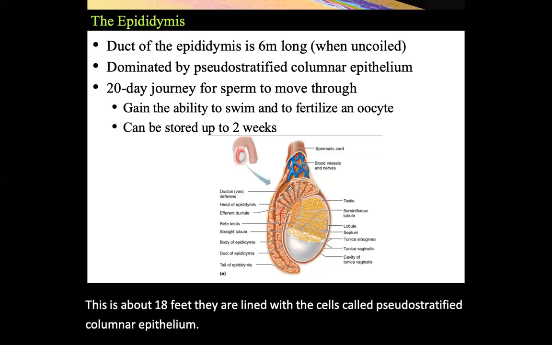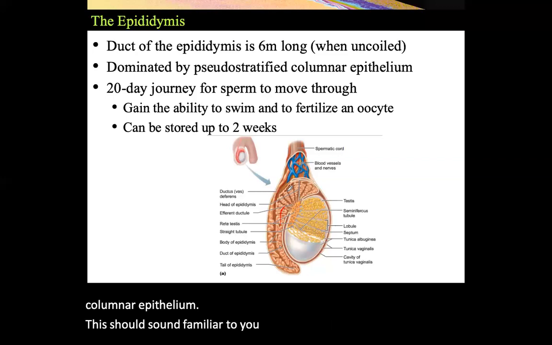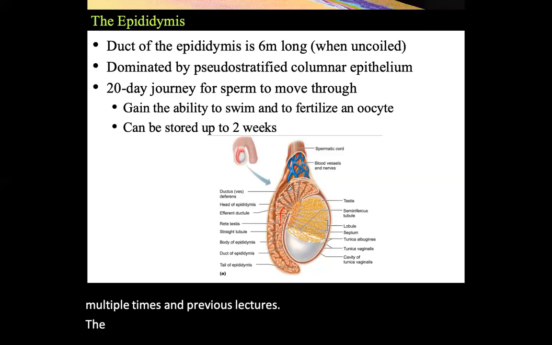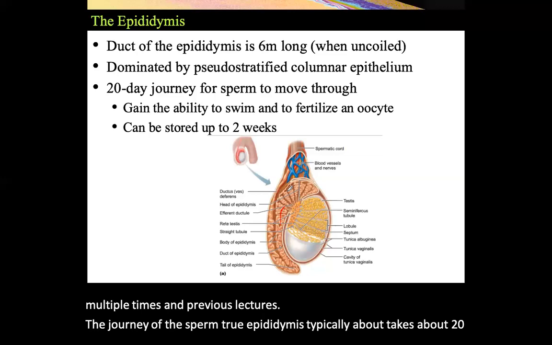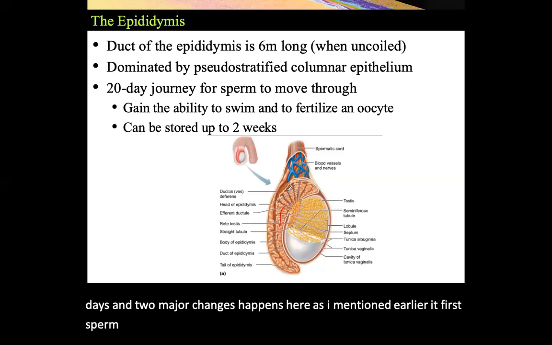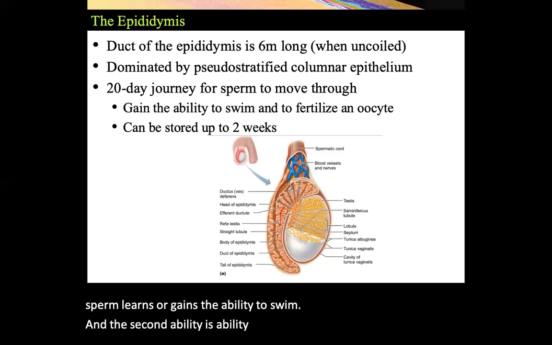This should sound familiar to you since we have already discussed them multiple times in our previous lectures. The journey of the sperm through the epididymis typically takes about 20 days, and two major changes happen here. As I mentioned earlier, first the sperm gains the ability to swim, and the second is the ability to fertilize an oocyte.